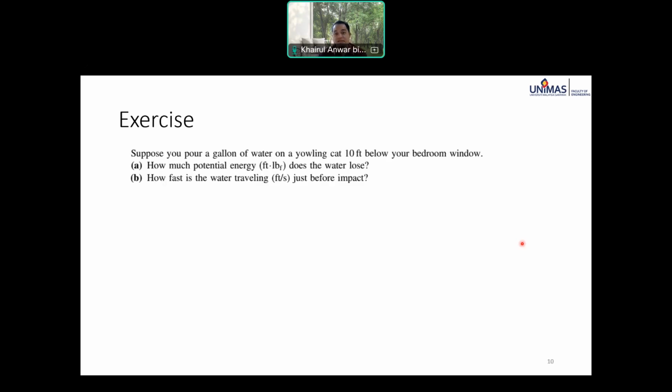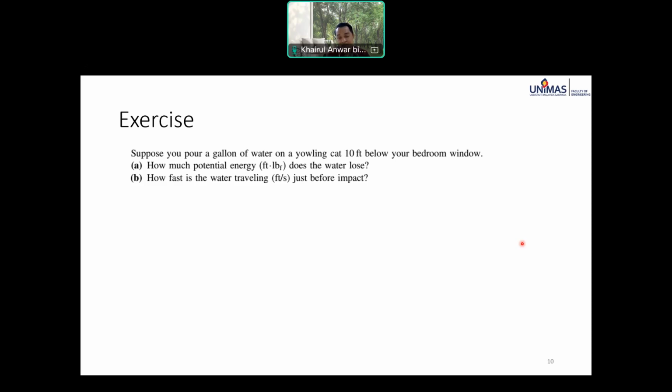So exercise. The first thing you need to do is draw, so that you don't mix up point one and point two. Suppose you pour a gallon of water on a roaming cat 10 feet below your bedroom window. So Z1, Z2.